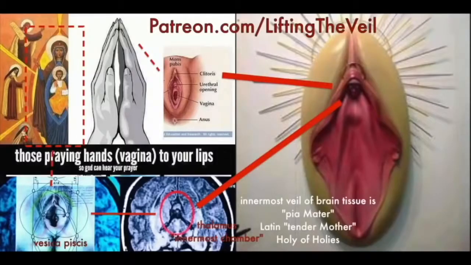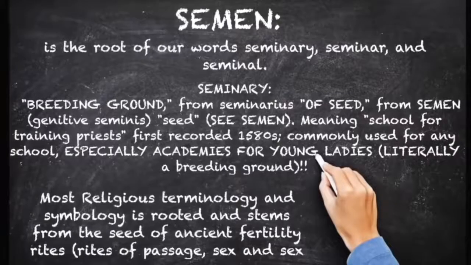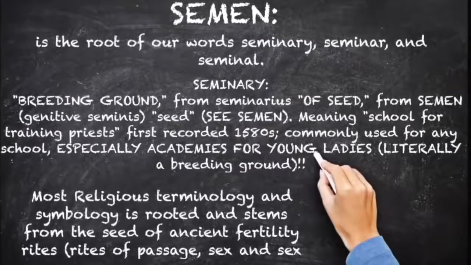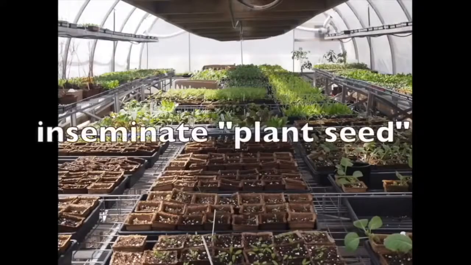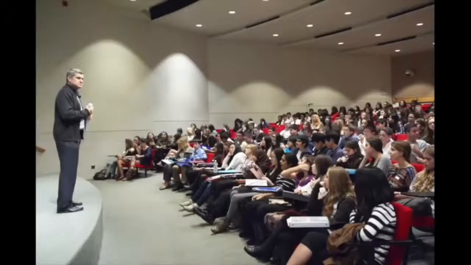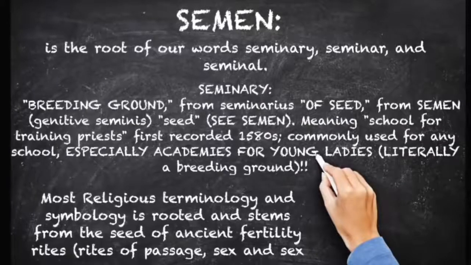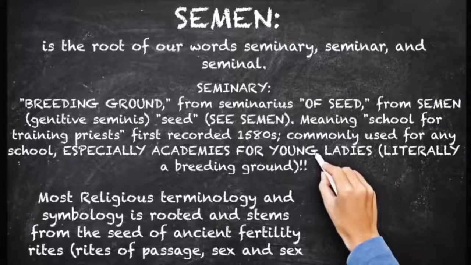It's the sacred secretion. It is the semen, from where we get words like seminary, seminal. Seminary literally means a breeding ground, from seminarius, meaning of seed, literally from semen. The genitive is seminis, seed. The semen, the seed.